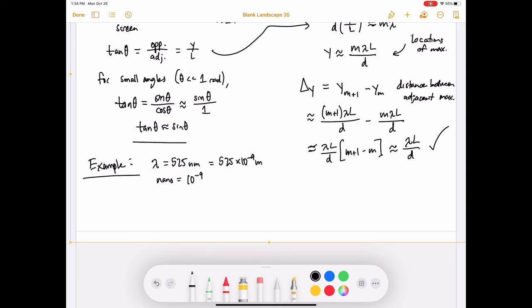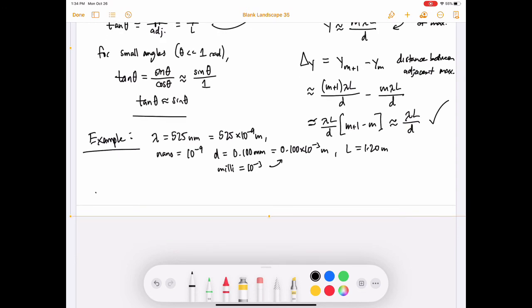We also have d, which is equal to 0.100 millimeters. Milli is equal to 10 to the minus 3. So this is 0.100 times 10 to the minus 3 meters. Okay? And then by the way, L, that's the other piece of information here, L is just equal to 1.20 meters. Okay.